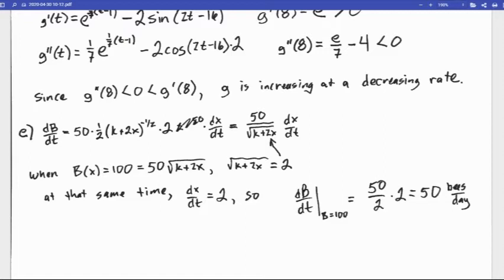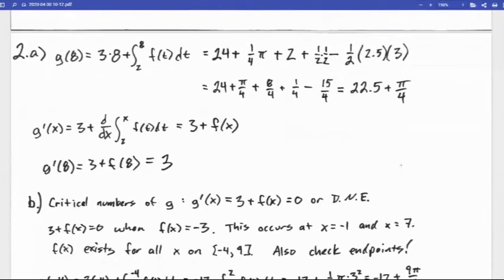And then question 2, a pretty standard AP calculus kind of a question on the AP test. They like to put graphs that have segments and parts of circles and stuff like that. And so as we do this problem, I'm given that g of x is 3x plus the integral of f between 2 and x. And so I just plug in 8.